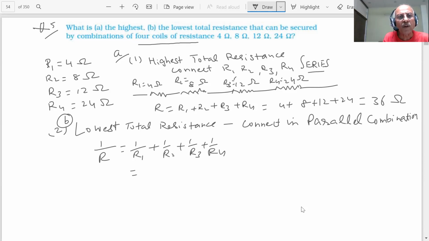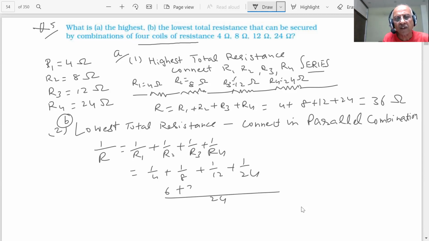What is that value? 1 by 4 plus 1 by 8 plus 1 by 12 plus 1 by 24. LCM is 24. 6, 3, 2 and 1. What is this value coming? So 12 by 24, student. Therefore, R will be equal to 24 by 12, 2 ohms.